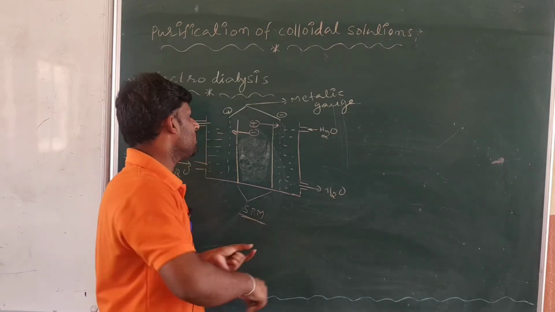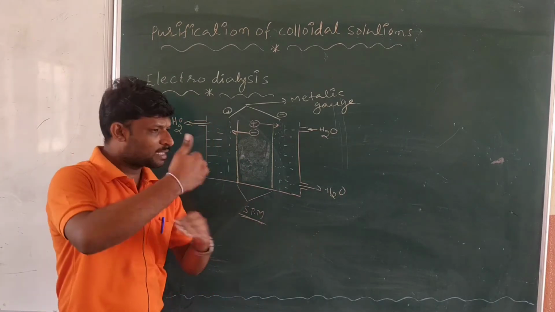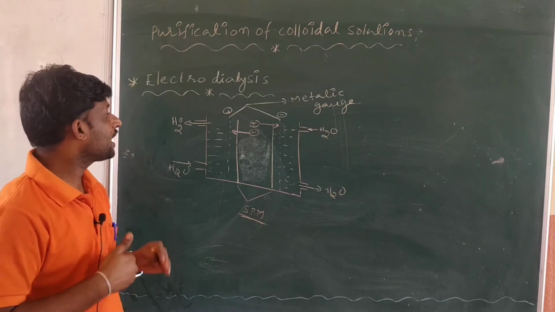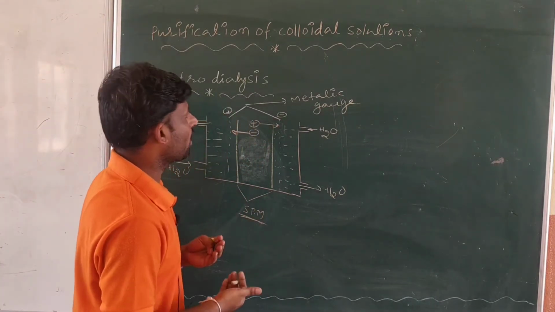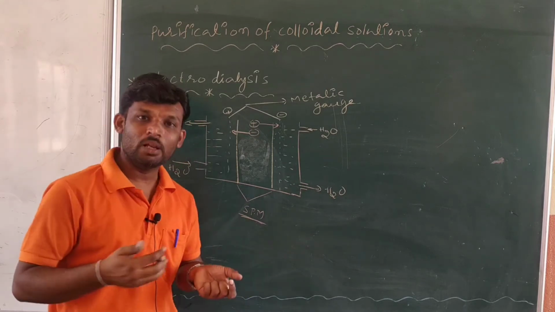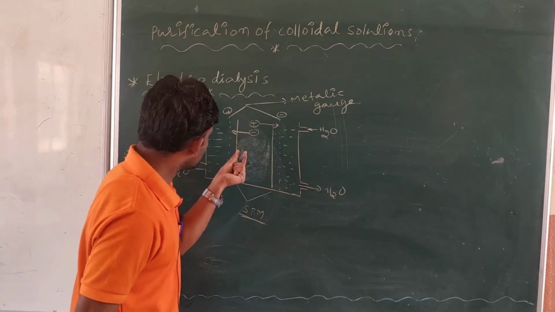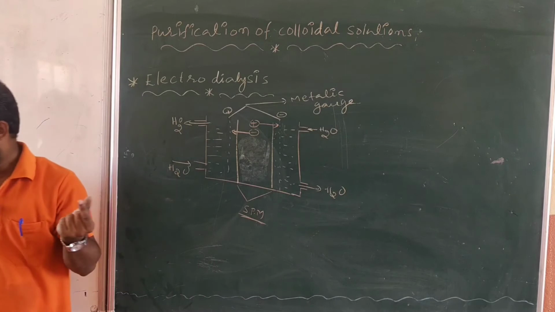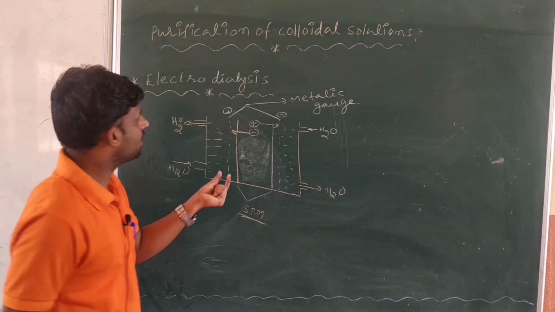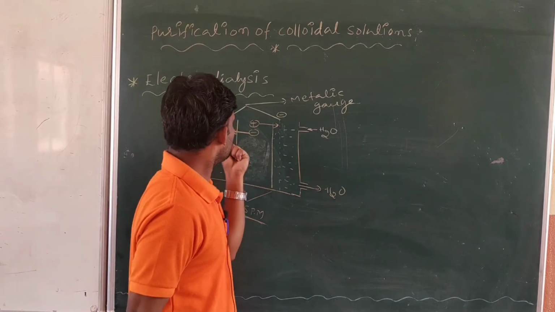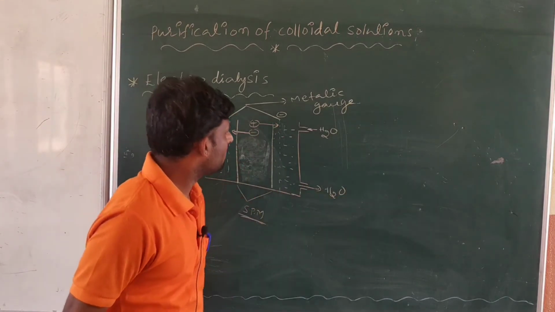So the acceleration of ions takes place very speedily, more compared to normal dialysis. The acceleration of ions is greatly increased in this case, so that's why dialysis takes place very easily.